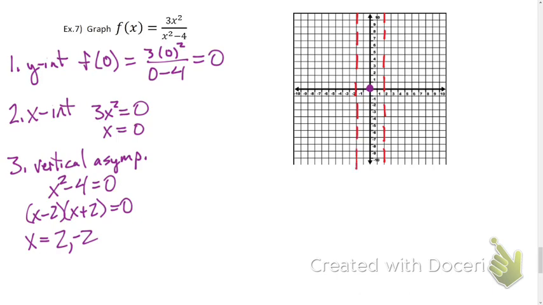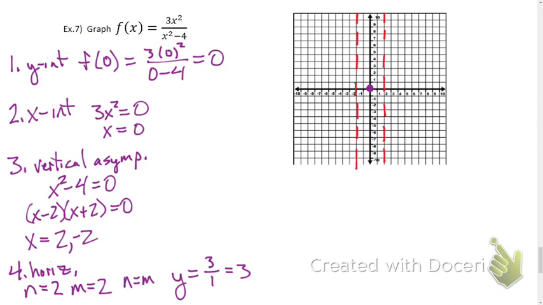My horizontal asymptote, thought I was going to write smaller. I'm running out of room here. N is 2, M is 2. They're equal, that's scenario 2. So I take my 2 lead coefficients and I put them over each other and we just get 3.